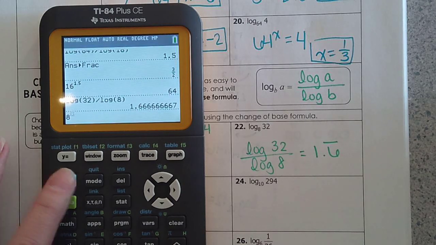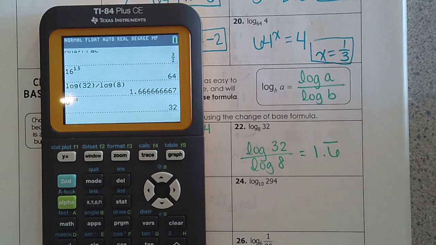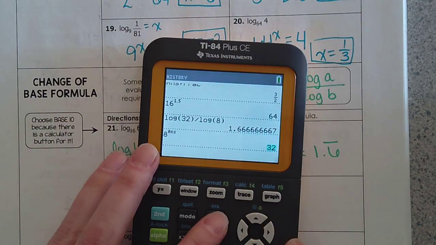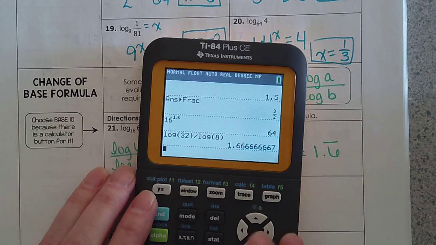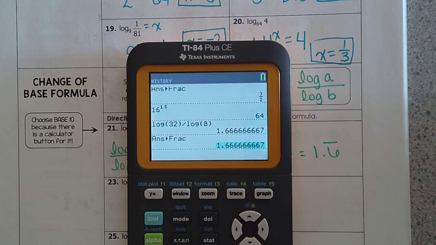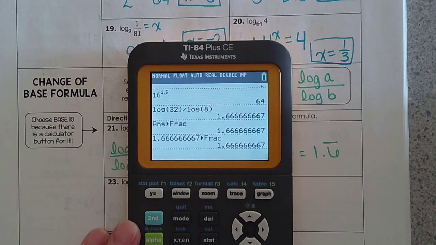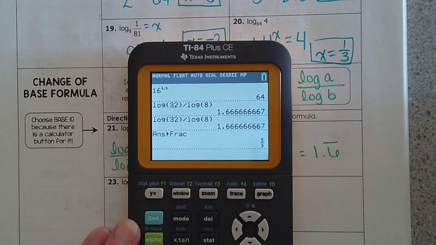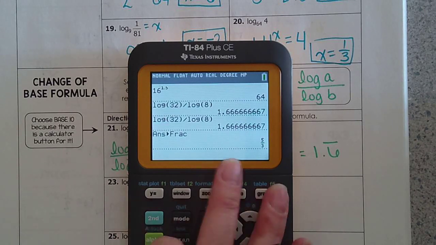If I did x to the answer, it would take me back to that 32. Could you just put it in improper fraction? Yeah, you definitely could. There we go. 5/3. Yep, definitely.